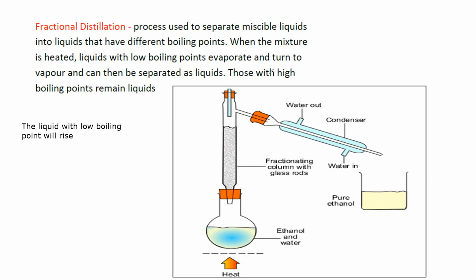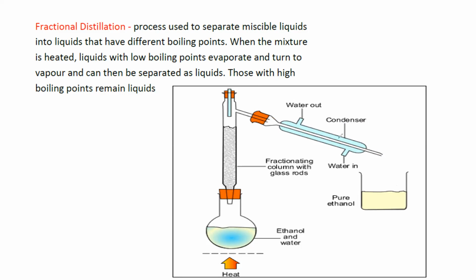So in this case, we have alcohol and water. Alcohol's boiling temperature is lower, so it will rise and then condense. So what we collect here is alcohol. Is it clear? The concept of fractional distillation is the process used to separate two or more miscible liquids on the basis of the boiling point.